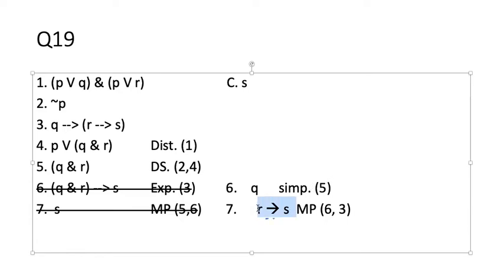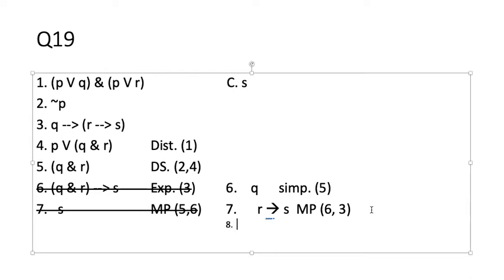Because once I get here, I have this conditional, if R then S. Oh no, it would get me. Because look what I can do here. I can do simplification on line 5 again. Okay, so this alternative isn't going to be any quicker, but it's still going to work.